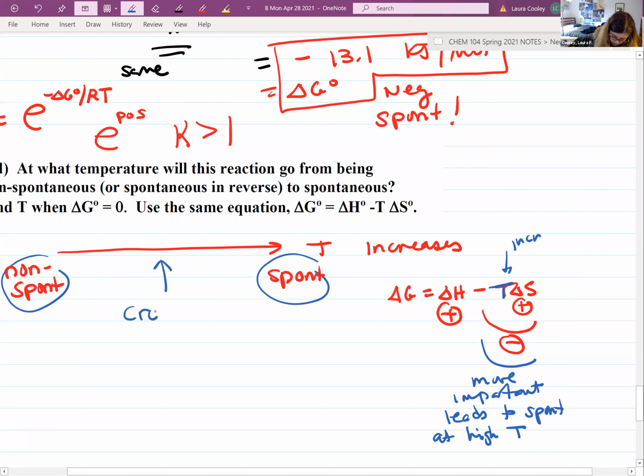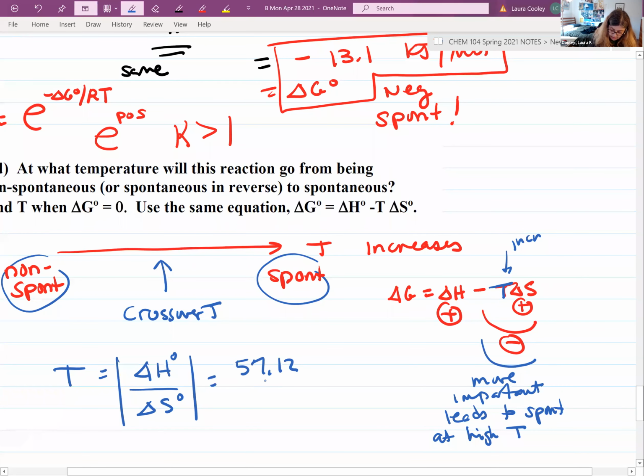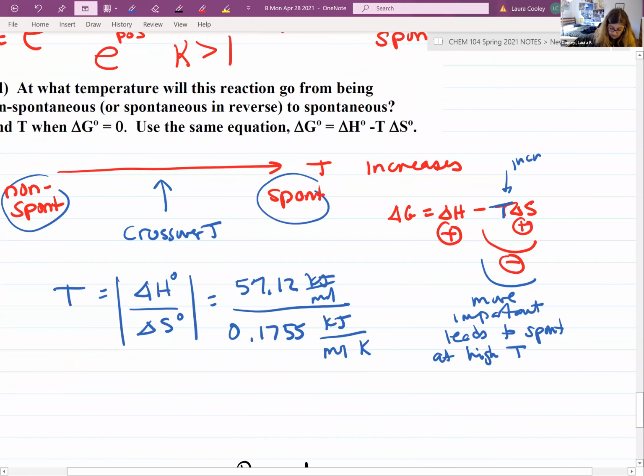So what is the crossover temperature? We always calculate this the same way, the delta H over the delta S. It came from figuring out when the delta G is equal to 0. And again, you have to be sure to use everything in the same unit here. So this is kilojoules per mole Kelvin and kilojoules per mole, and the units are going to be Kelvin. And it comes out to 325.5 Kelvin.